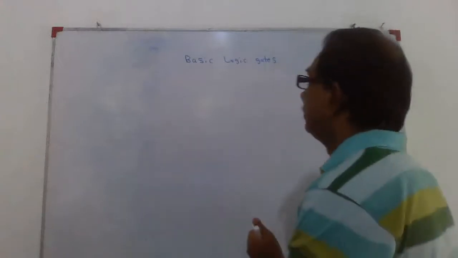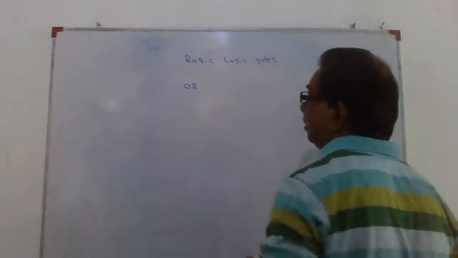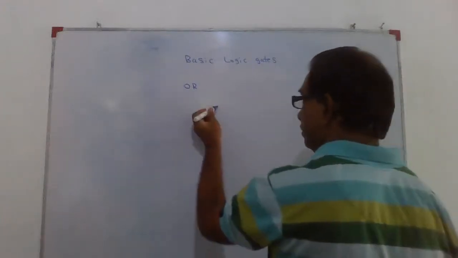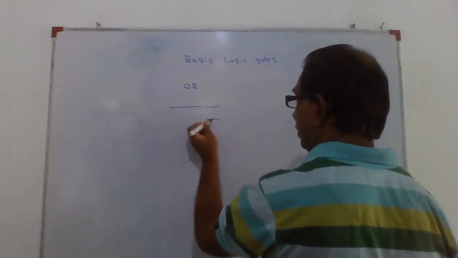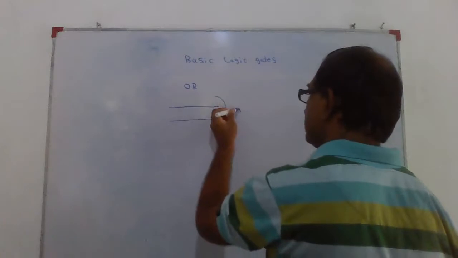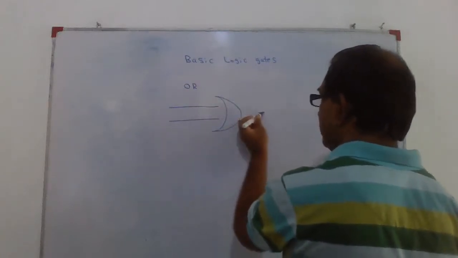OR gate. You need 2 values for the OR gate also. I would like to draw that. It's a curve like this, and this is the way of drawing the OR gate.